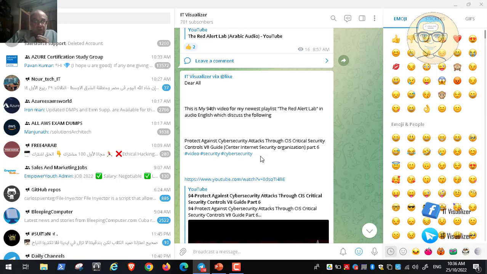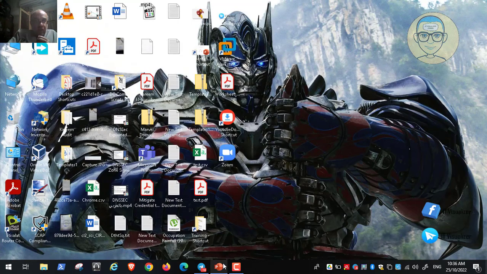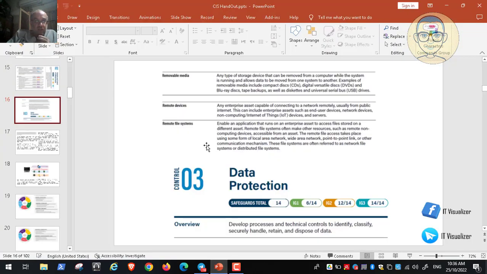We should archive and destroy the data in a very secure way, so no one can take advantage of our destroyed or historical data to build sensitive information about our organization and our objectives. So let's see how we can archive and destroy our data in a very secure manner.